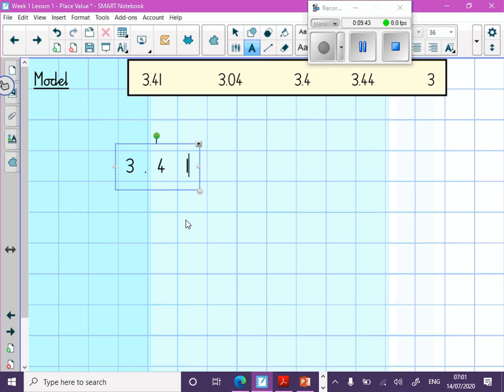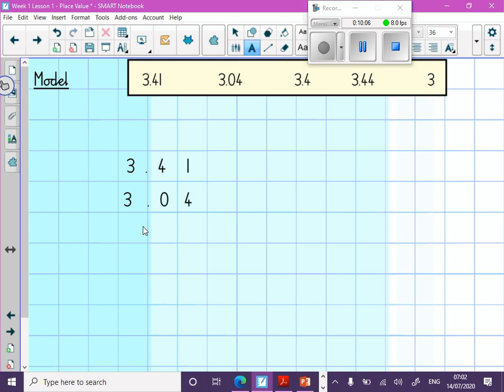Now, you know I always talk about making sure that the decimal place is in the right place. So when we are looking at comparing decimal numbers, it's very important that we keep the decimal point in the same place to make it easy for us. So we have the next number, 3.04.